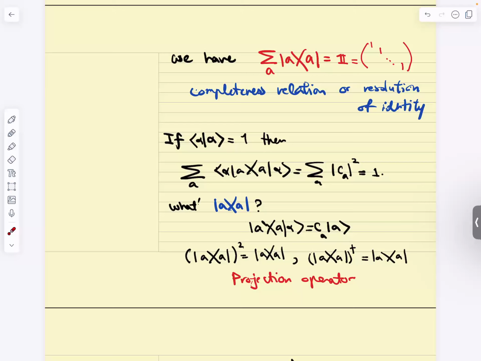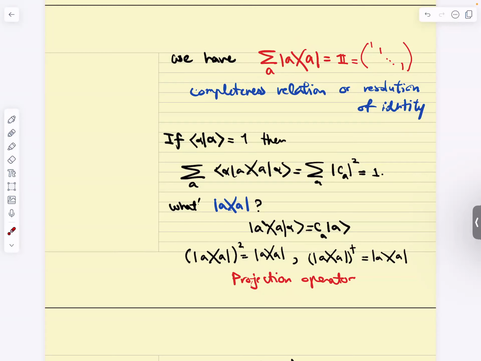So if I construct this object, sum over a of ket a bra a, this is the identity operator. In linear algebra, this identity has a name. This is called the resolution of identity, or sometimes the completeness relation.